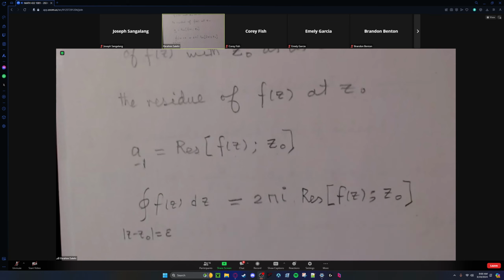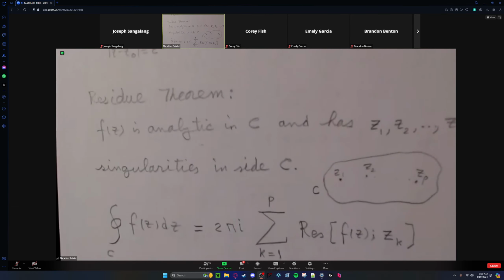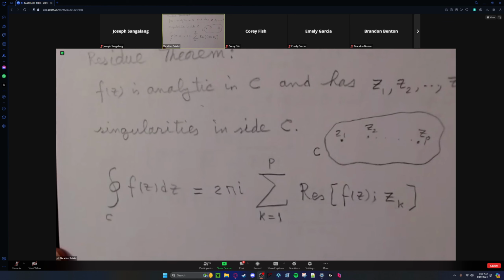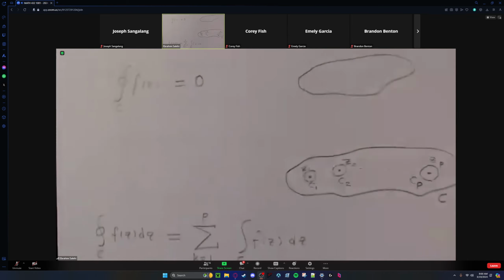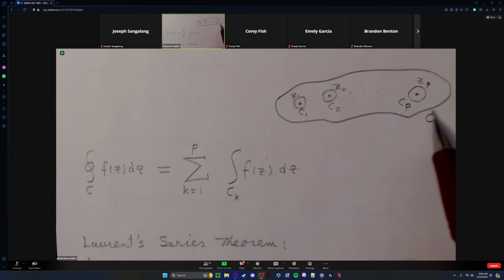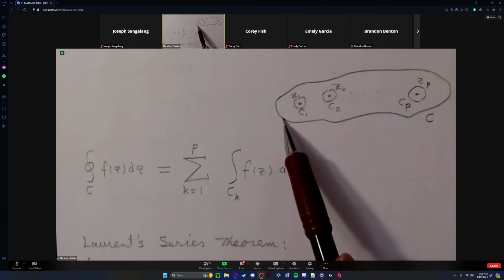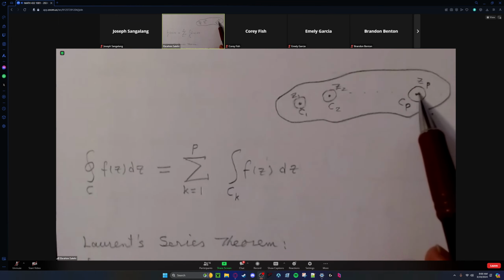So the combination of these two, Cauchy's theorem and this one, tells us what we call the residue theorem. Remember, Cauchy's theorem says the integral over this whole big outer boundary will be equal to the sum of the integrals over these little ones.